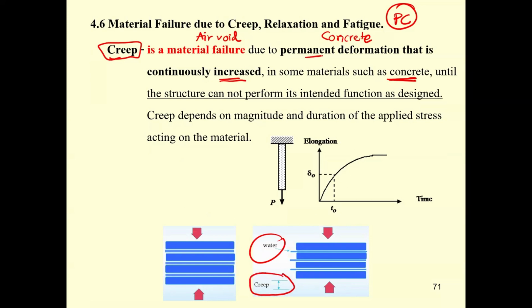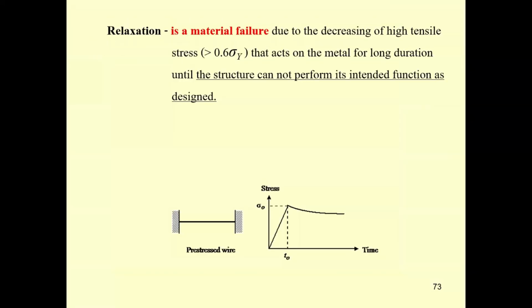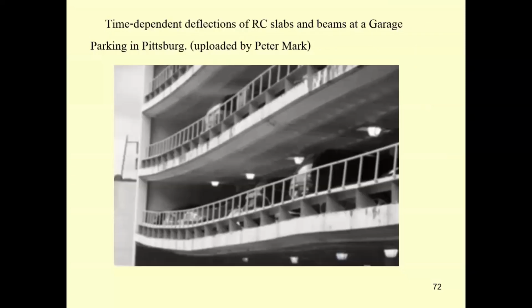Those permanent deformations may cause the structure to malfunction, okay, from the design. Large deformation, such as for this one, okay. And then how to prevent it? You've got to prevent it by putting more reinforcement to prevent the creep.